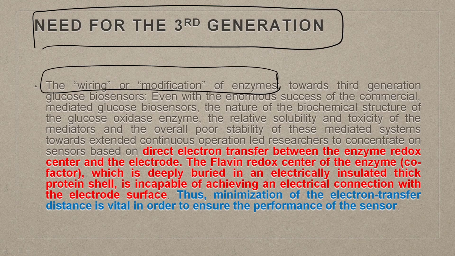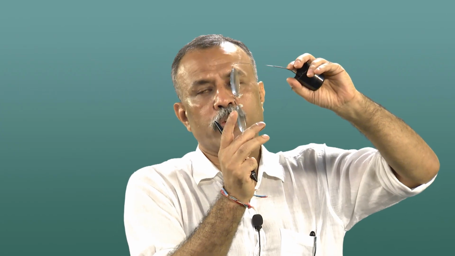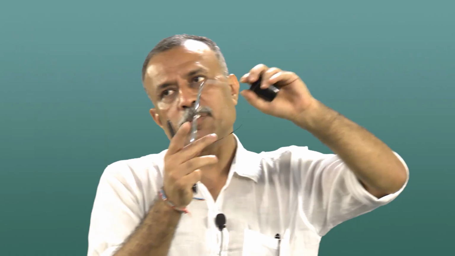So, basically what you are trying to say is that if this is my enzyme and in this core I have a reaction happening, I should wire the whole enzyme in such a way that any electron generated could be funneled out. What I was showing in the previous section, you should be able to funnel it out. But then that needs an enormous amount of chemical modification of the enzyme itself in order to integrate a molecular wire.